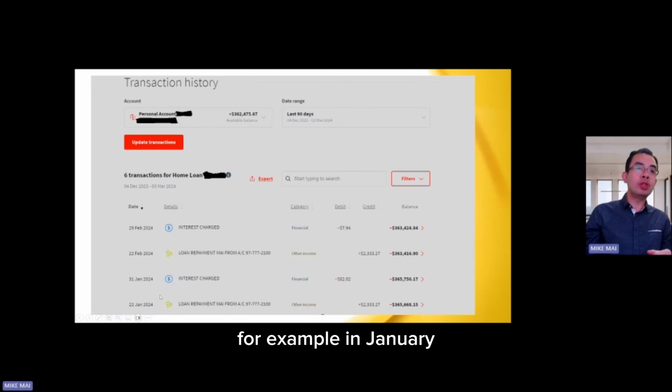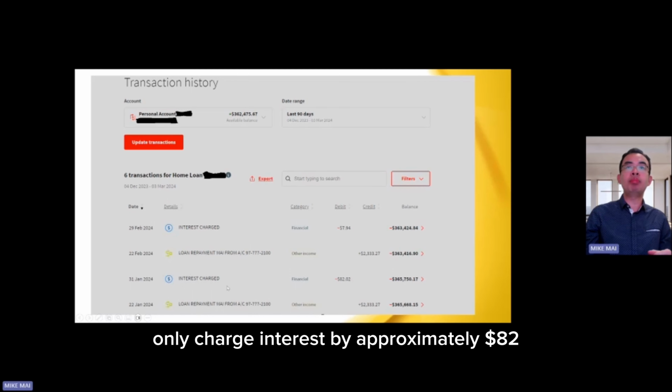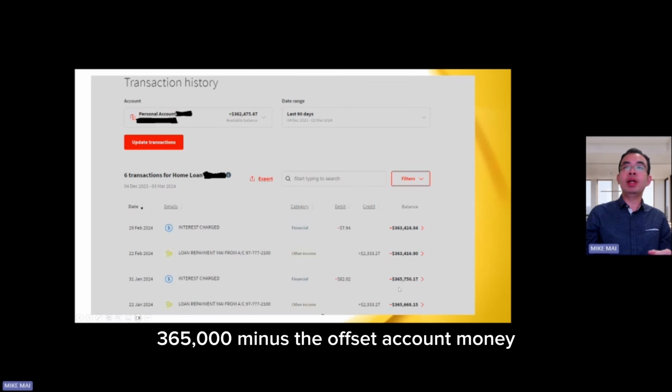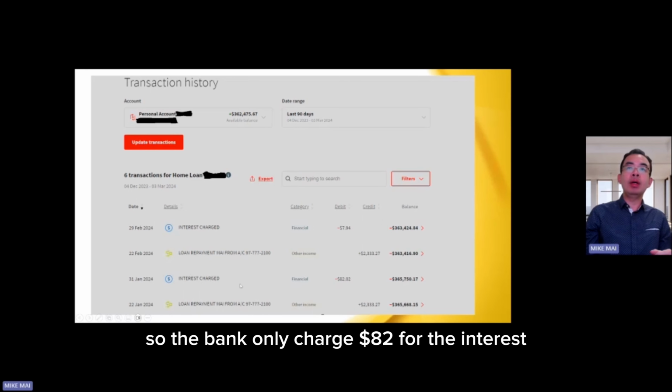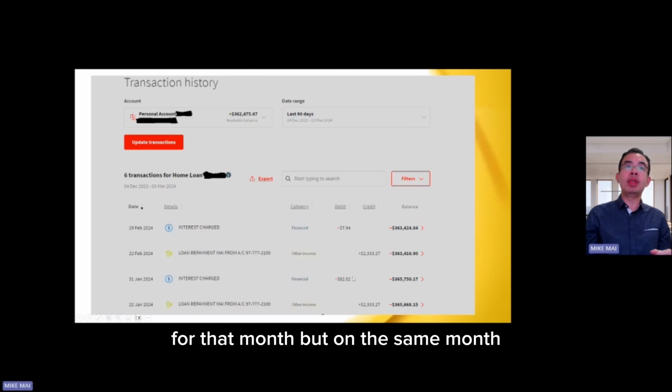For example, in January, this customer has been charged interest of only approximately $82 because the bank used the loan balance, 365,000, minus the offset account money, 362,000, which equals minimal interest. So the bank only charged $82 for the interest for that month.